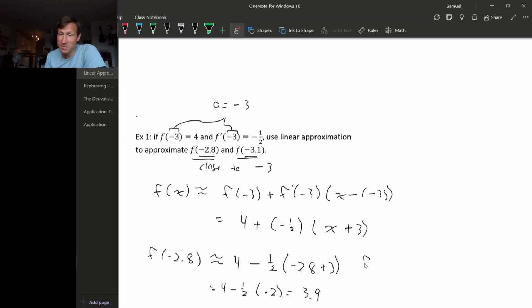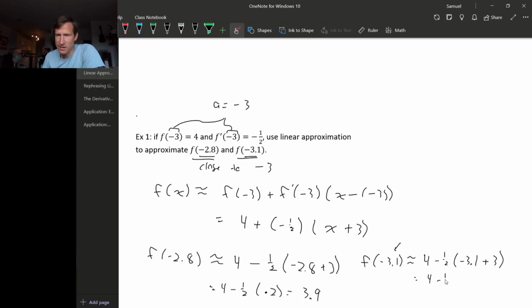Okay, we can do the same thing for any other x value near minus 3, for example, negative 3.1. So f of minus 3.1 is approximately 4 minus 1 half times negative 3.1, this is the x value where we're making the approximation, minus our base point, so plus 3.